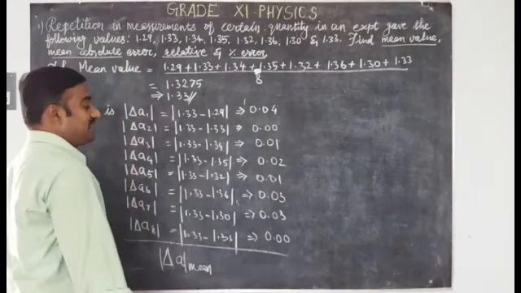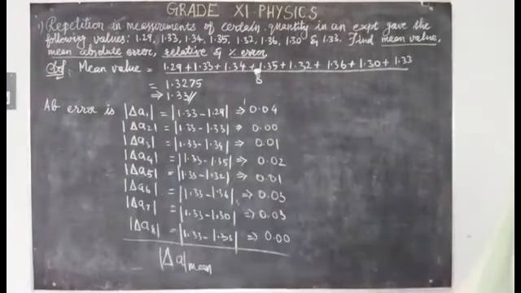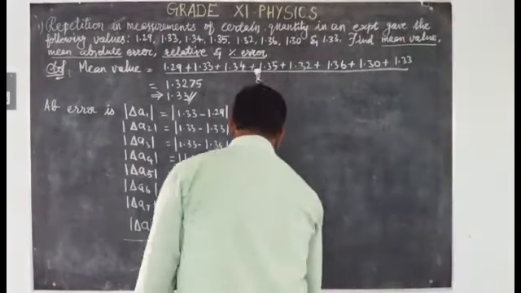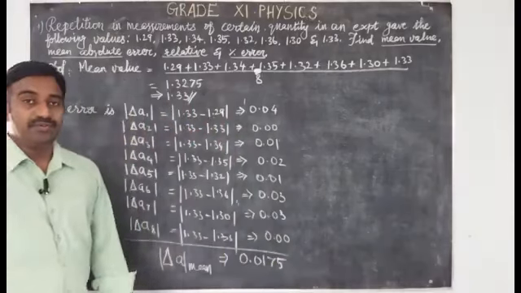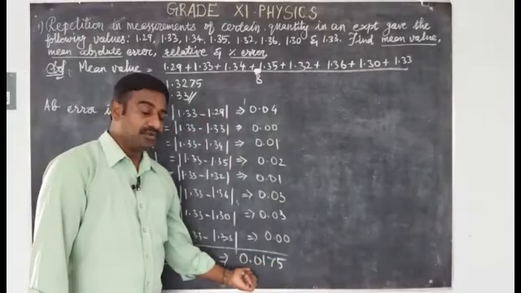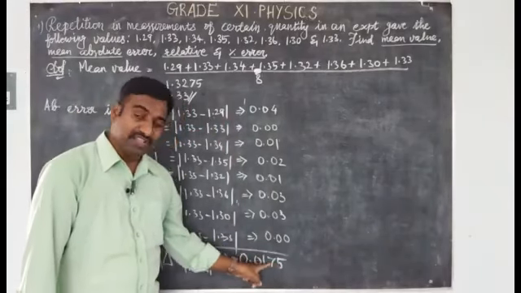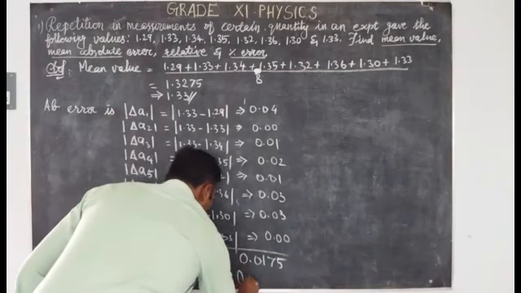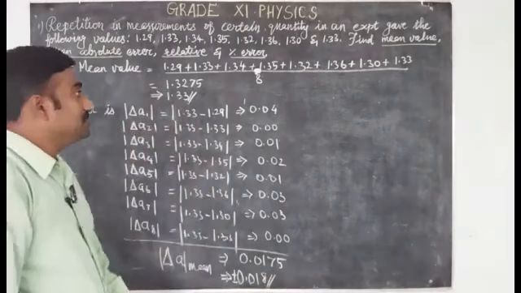Then finally we get the error, which is 0.0175. As usual, you need to round off to the second decimal. After rounding, the 5 vanishes and 7 becomes 8. Then the mean absolute error is 0.018, plus or minus. So we calculated the mean absolute error.